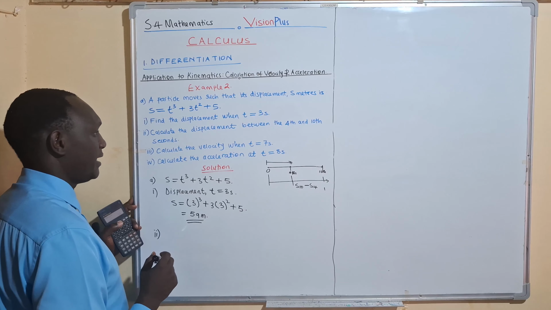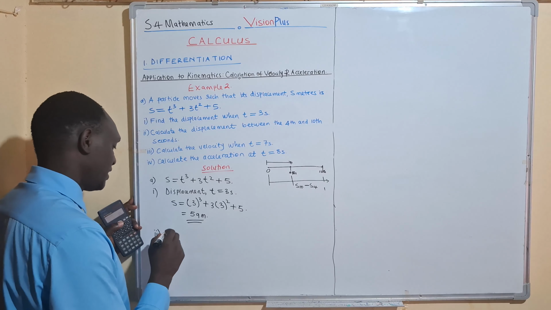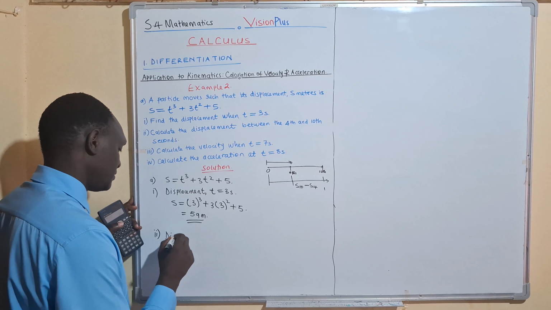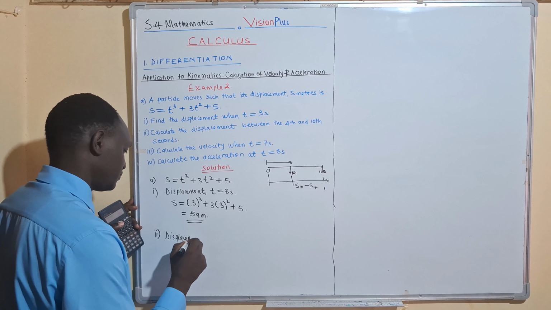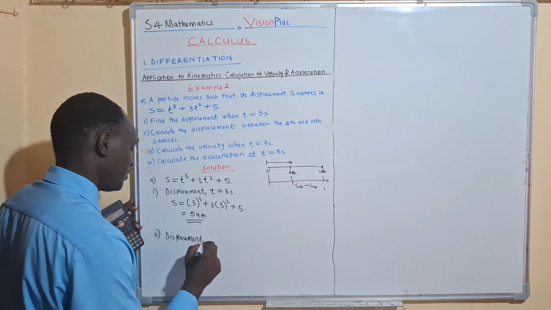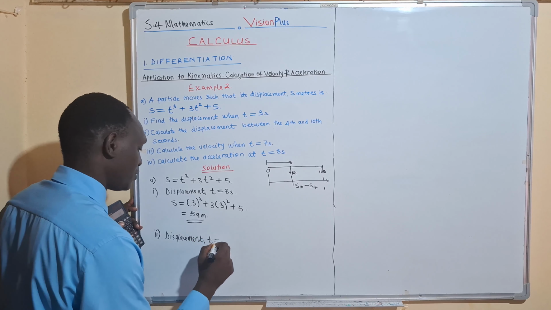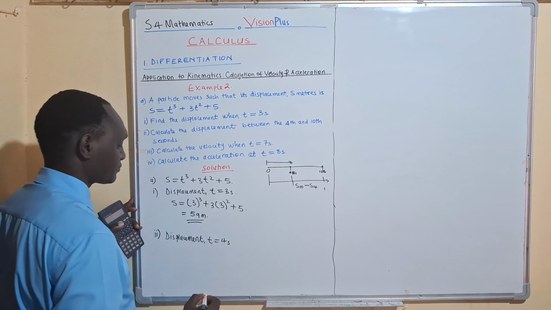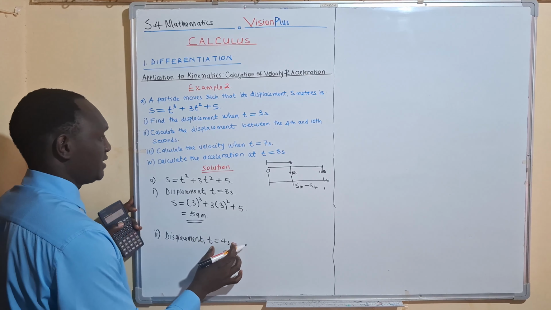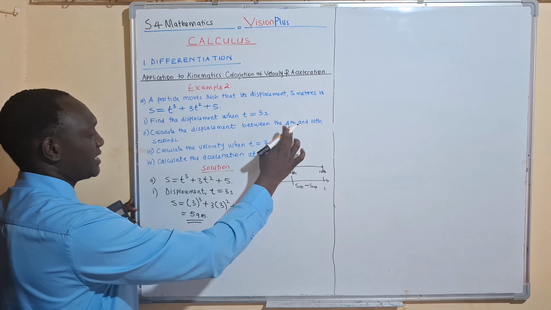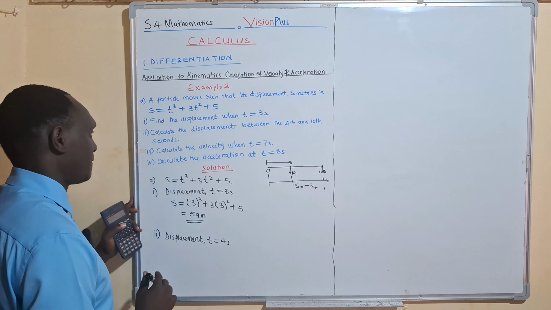So, in Roman 2, we shall say displacement when t equals 4 seconds. Let's first get the displacement when the time is 4 seconds from the beginning.